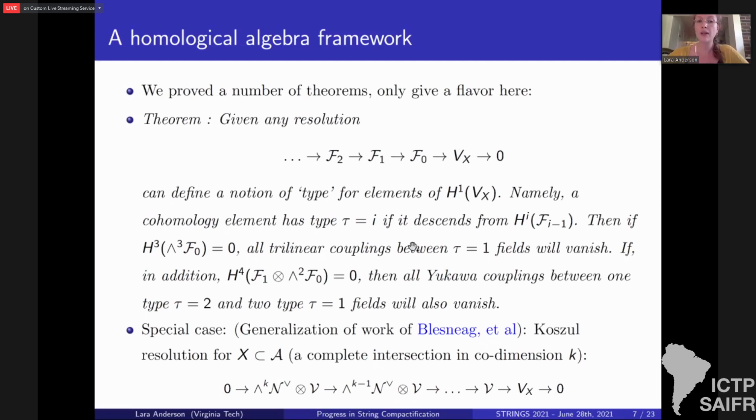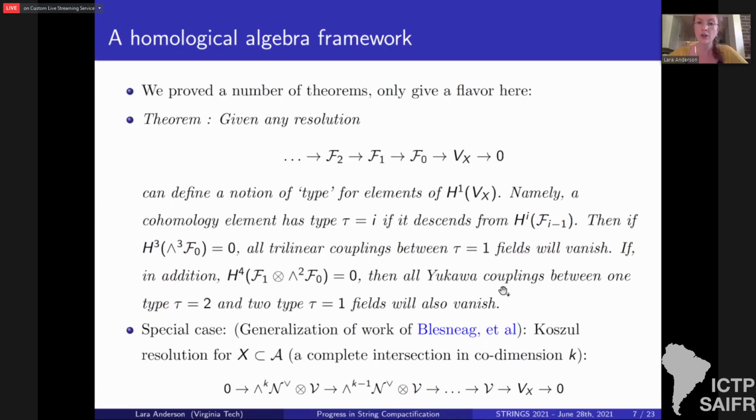And specifically, we can come up with vanishing criteria based on the dimensions of cohomology of objects in the resolution, which will tell you which couplings, i.e. which forms living in the bundle-valued cohomology, can consistently couple to one another. So this is a notion of type, which was generalizing the work of Bookbinder, Candelas, and Lucas, and we come up with some vanishing criteria.